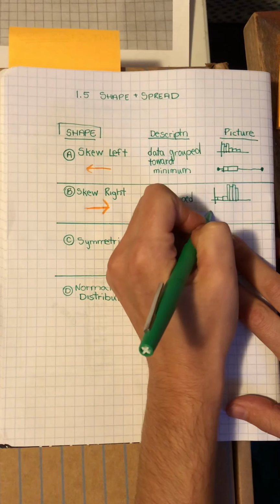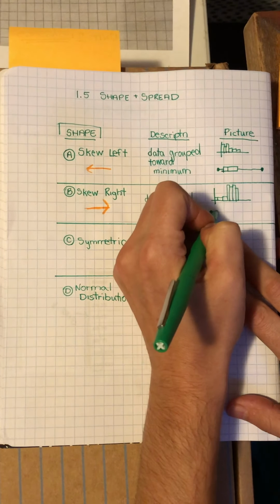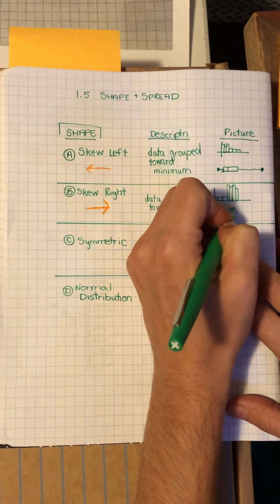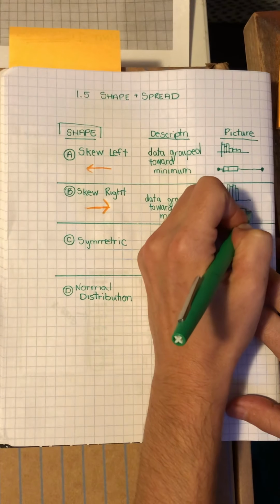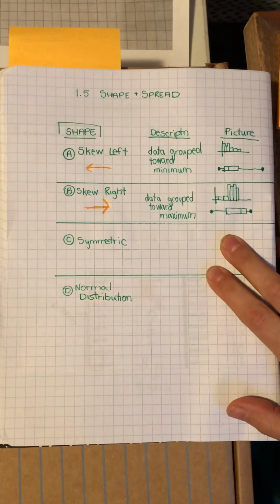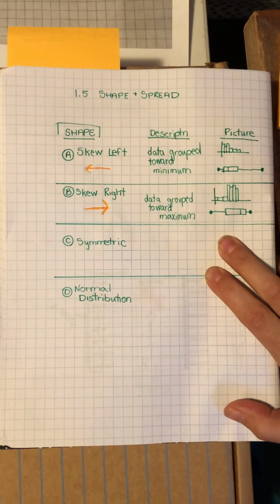The box and whisker plot would be towards the right-hand side.